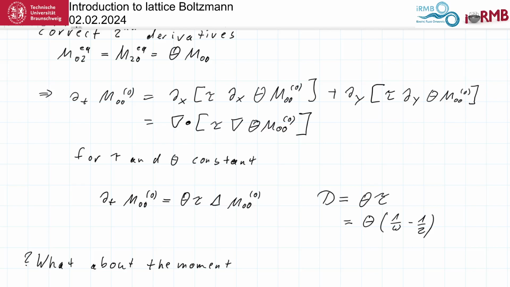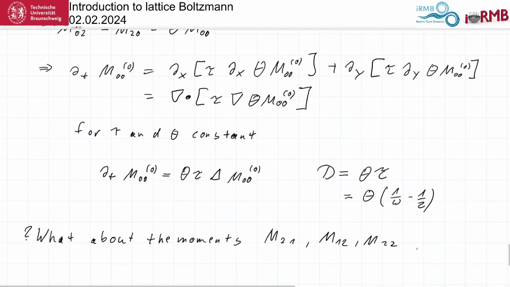We started with D2Q9, so we'll have moments M21, M12, and M22. Now the observation is that we derived our model without considering them, meaning that they don't matter. So they have no effect, at least in leading order.